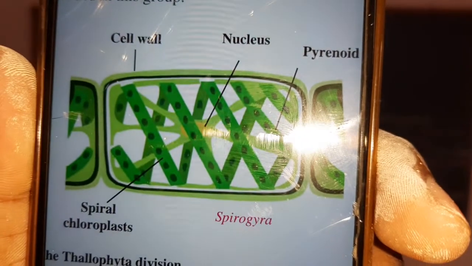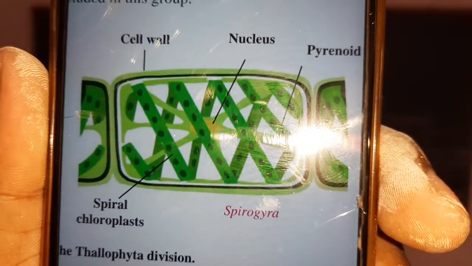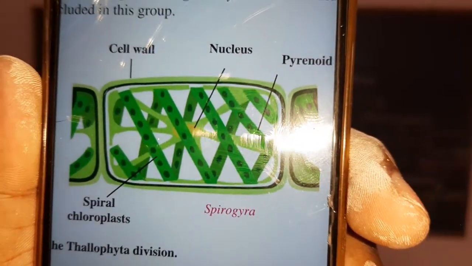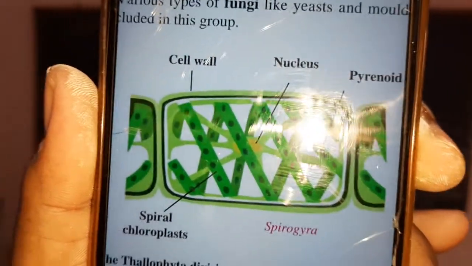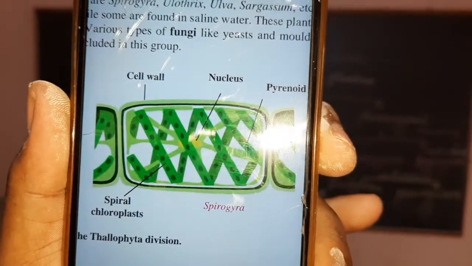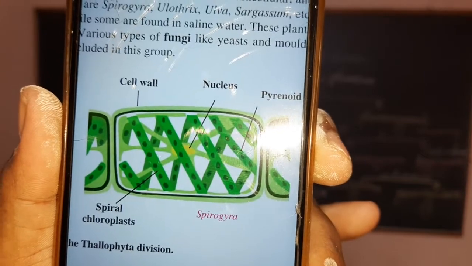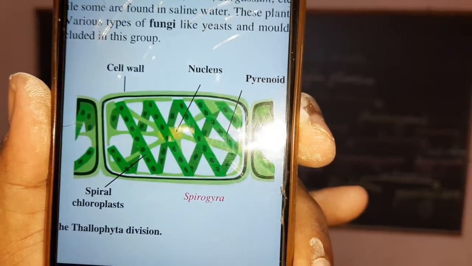Look here, this is the structure, and this thread is the thread of Spirogyra. This thread we can see is Spirogyra. The outermost is the cell wall.